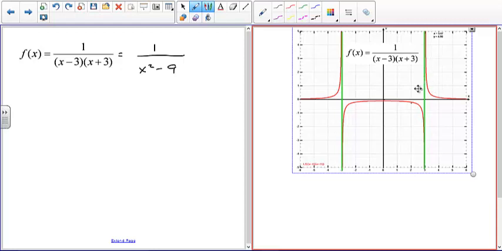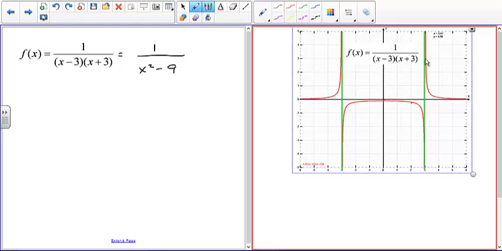Now, you might ask, could I have the function approach positive infinity from the left-hand side? And the answer is no. The only time you have a case where they approach the same direction at a vertical asymptote is when they have the same root. If I had x plus 3 times x plus 3, then yes, it would do that. But in this case, I have x minus 3 and x plus 3.